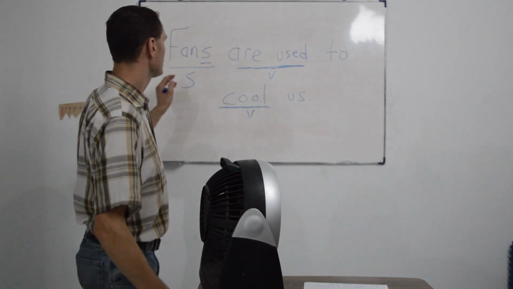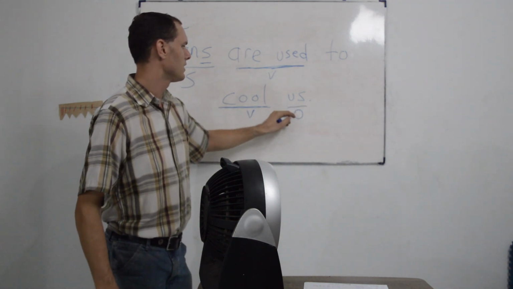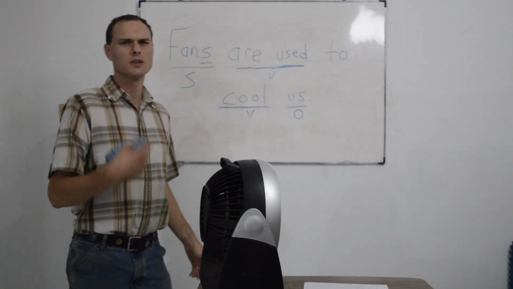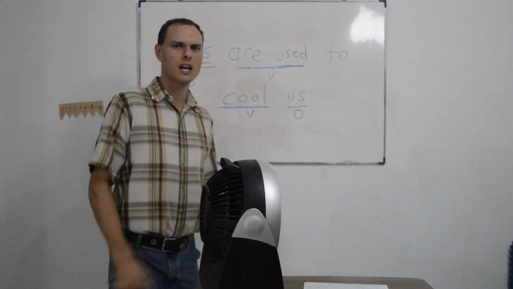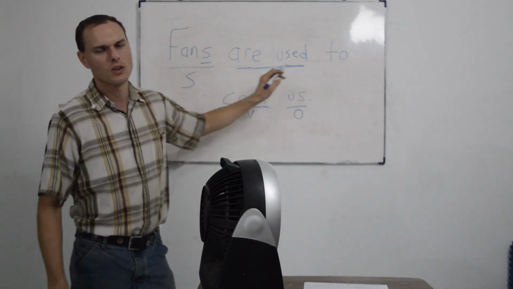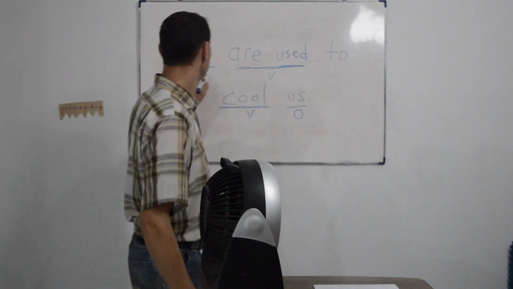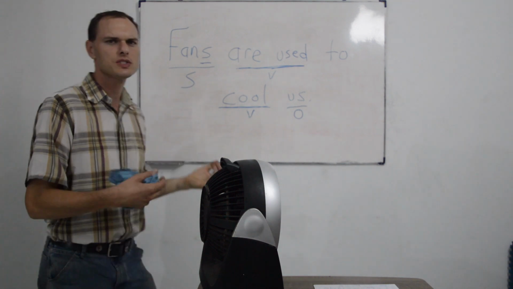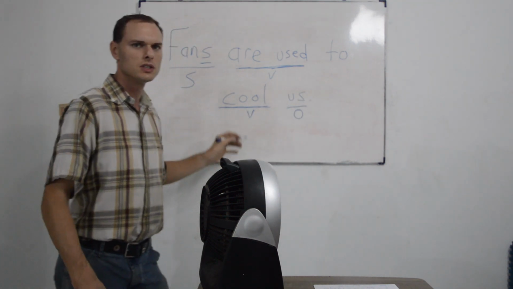Okay? So fans are used to cool us. And this is going to be your object here in this sentence. Now, however, if you don't understand all of this, it is okay, because this is a describing sentence, talking about the fans and going in passive voice, but okay. So that's our sentence. We're using it in general, making a general statement about fans. Fans are used to cool us.